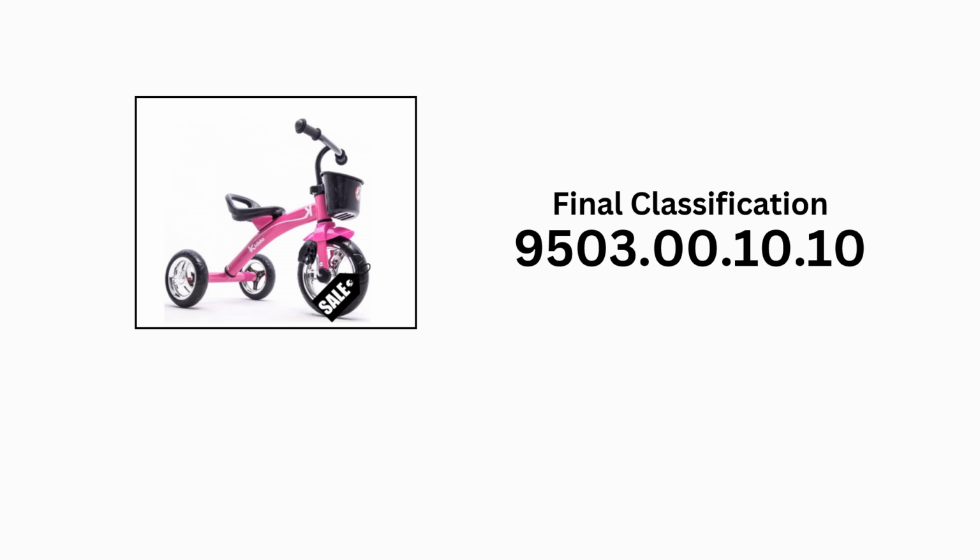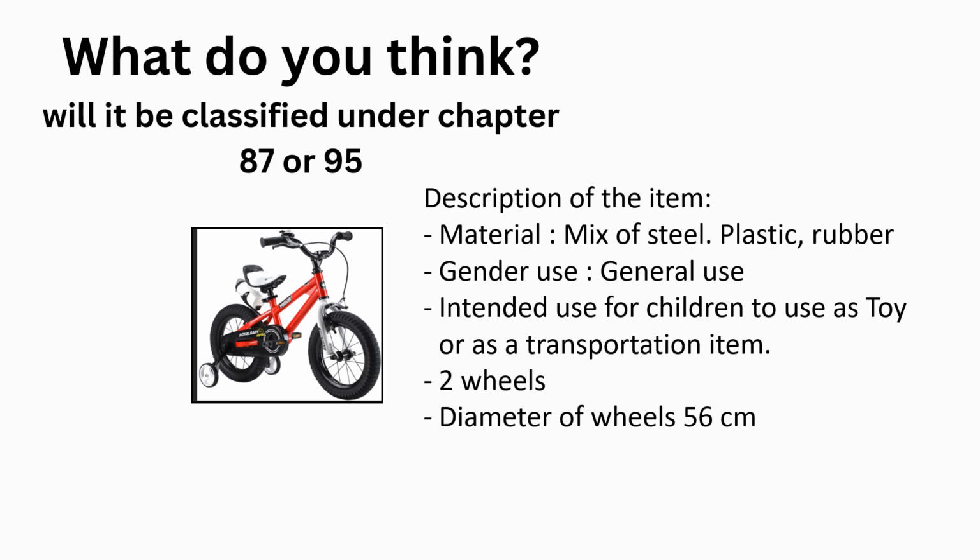What happens if now I change product and I have this item? So it's a mix also of steel, plastic, and rubber. It's still the same general use. The intended use can be as a toy or as a transportation item.